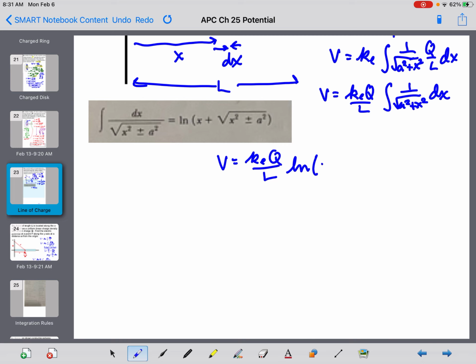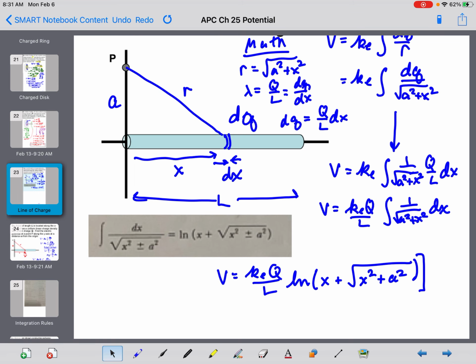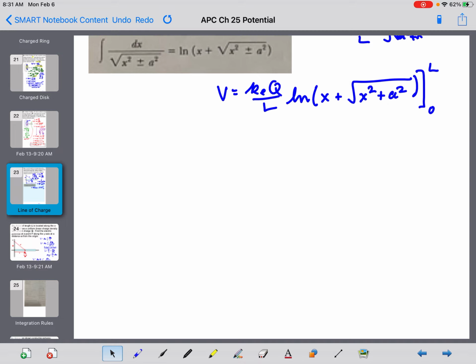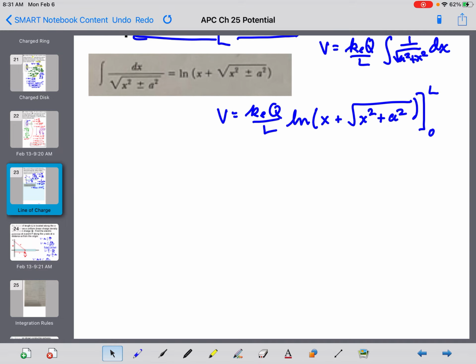So x plus the square root of x squared plus a squared. Going back to our original figure, our endpoints of integration need to go from x equals 0 out to the other end, x equals L.